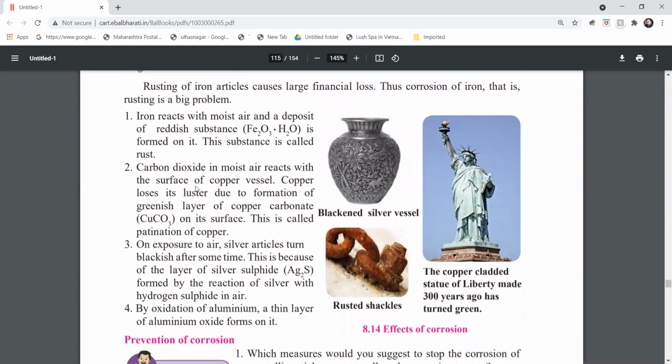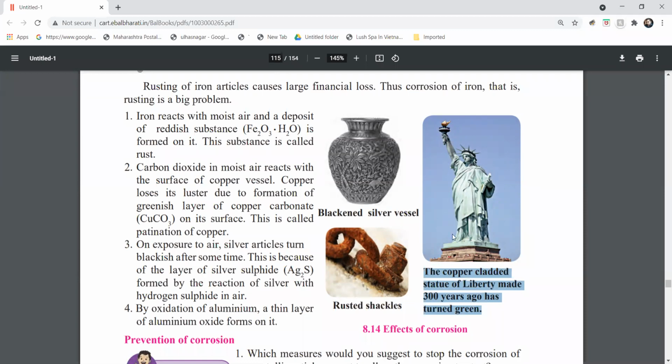There are some examples given. We've all seen silver vessels that get blackened even at our homes. You have those small diyas and small silver vessels that we use for the gods, and they get blackened after time. We've also seen rusted chains. Now, a lot of people don't know that the Statue of Liberty is actually clad with copper. The whole cladding on the statue is made of copper, but it doesn't look like copper, does it?